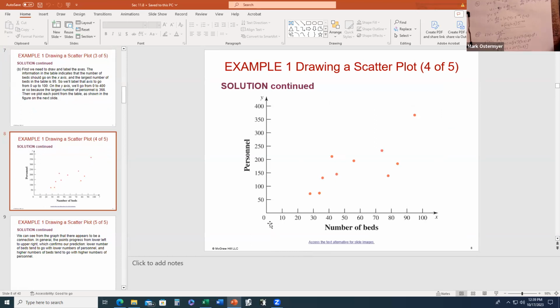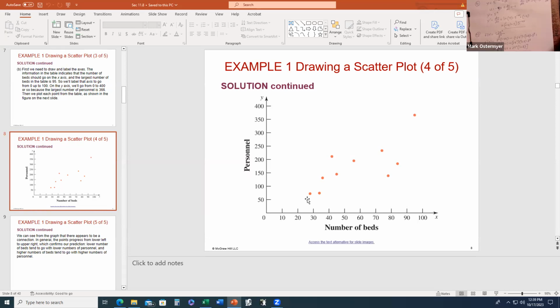It looks like your author ran the x-axis from 0 to 100, spacing the tick marks 10 units apart. And the x variable, of course, represents the number of beds that the hospital offers. For the y-axis, they decided to put a scale from 0 to 400, spacing the tick marks 50 units apart, which represents the number of employees in the hospital.